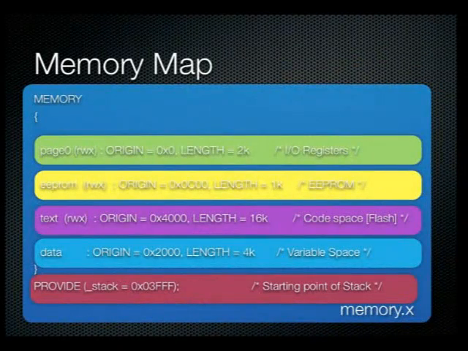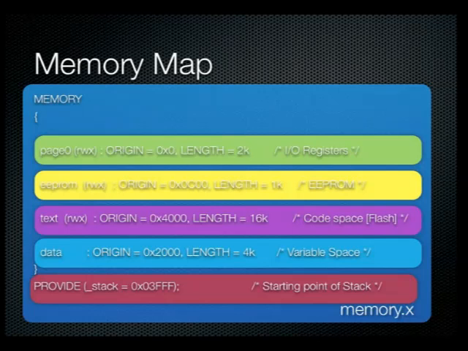This text file consists of a description, so to speak, of the various components of our memory. We use the keyword memory, with a curly brace to define the components. Inside this file we define a page 0 chunk, which refers to our I/O registers. The origin keyword says where that component starts, and a length defines how long that component is.